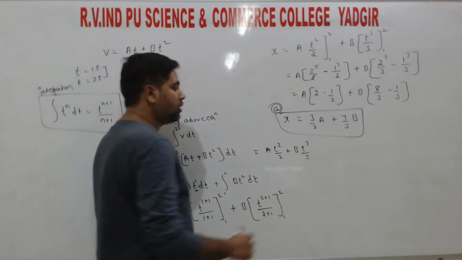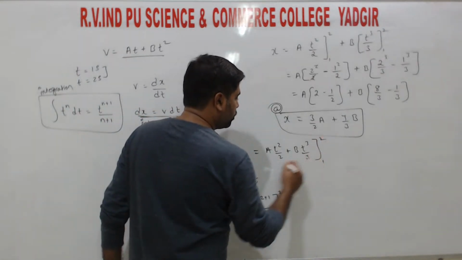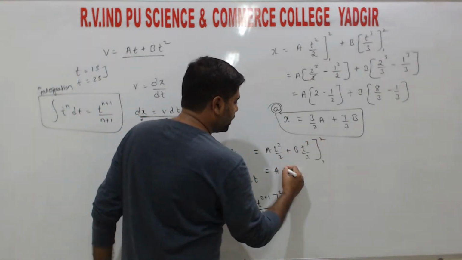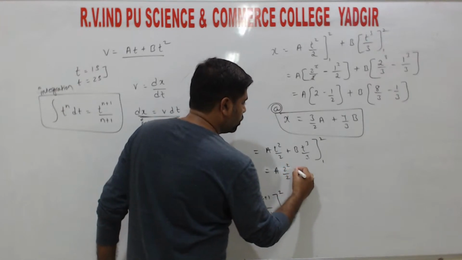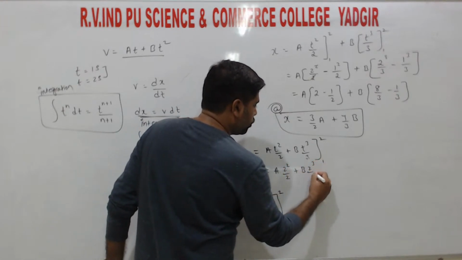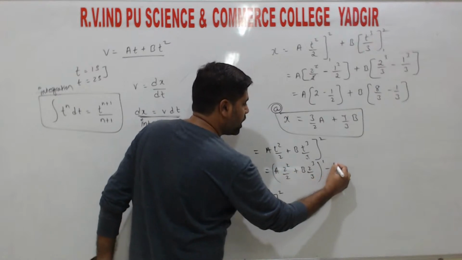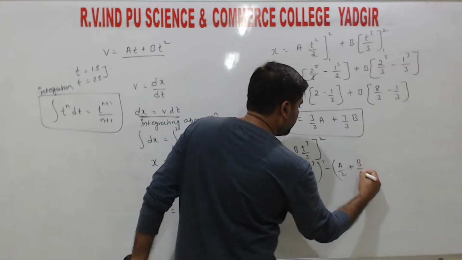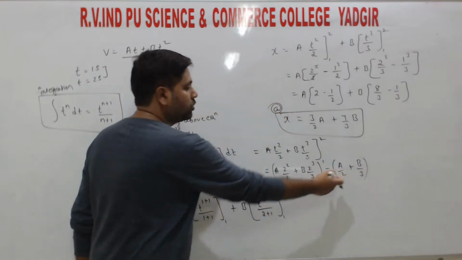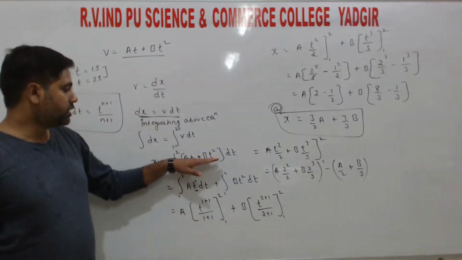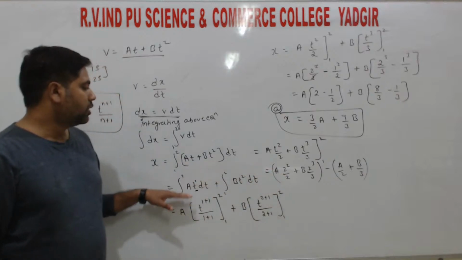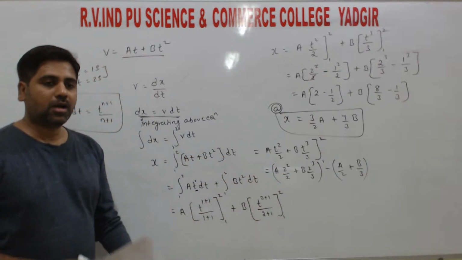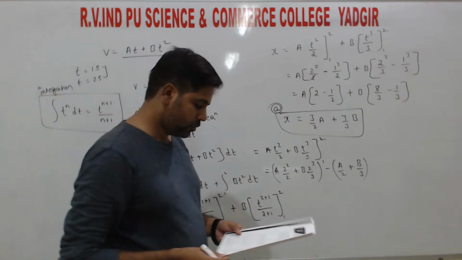Now substituting the limits 1 to 2: a into upper limit 2 square by 2 plus b into 2 cube by 3 minus the lower limit a by 2 plus b by 3. Now simplification. So first step, second step, right? So directly you get the answer, right?